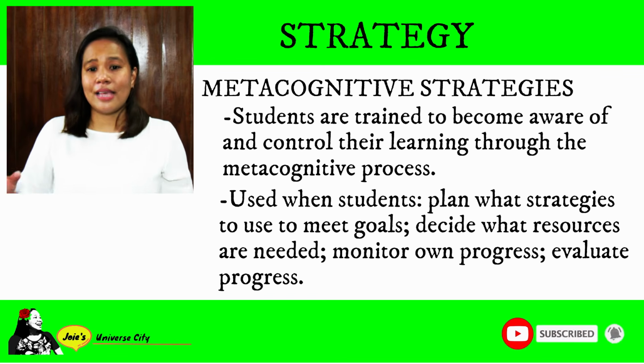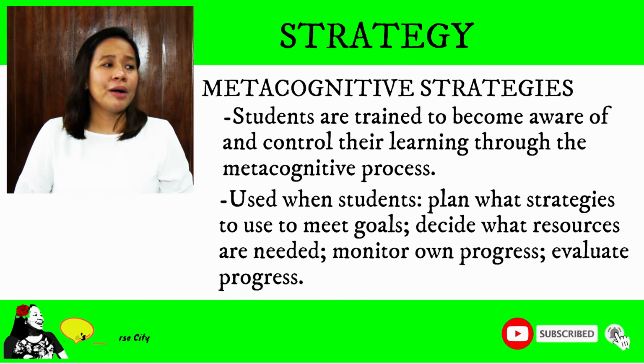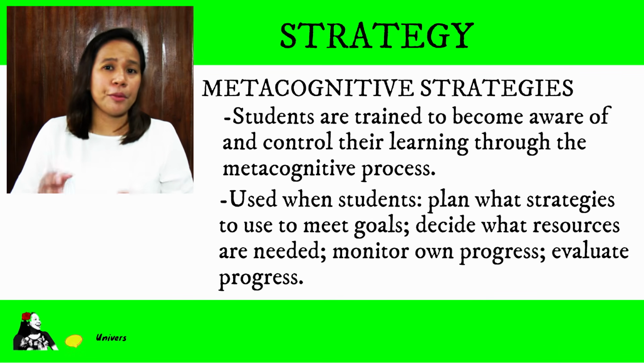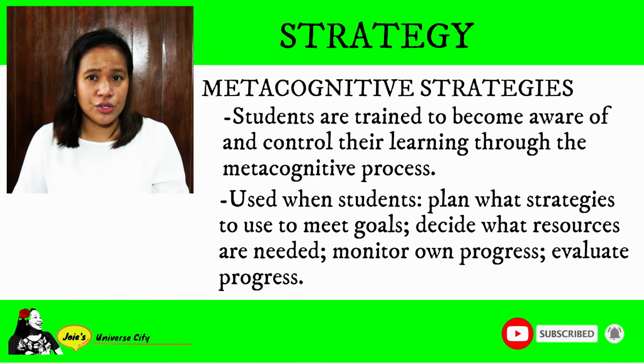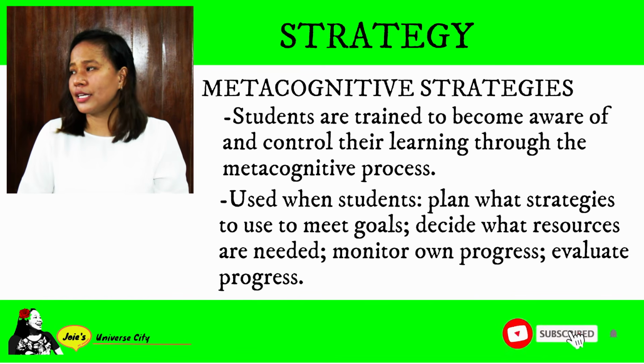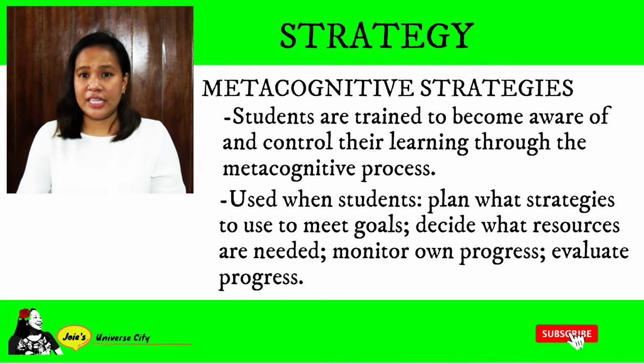Science experiments, for that matter, could be used as metacognitive activities, or when they come up with big projects, a certain research, or a certain product. Metacognitive activities are very important.